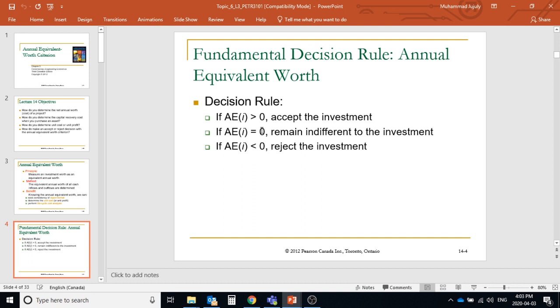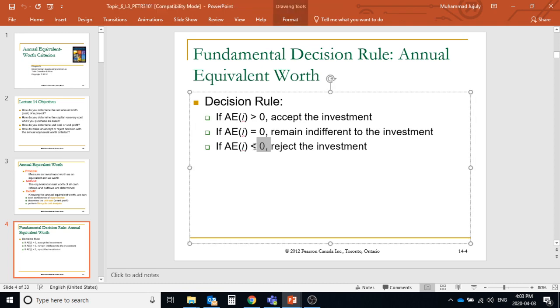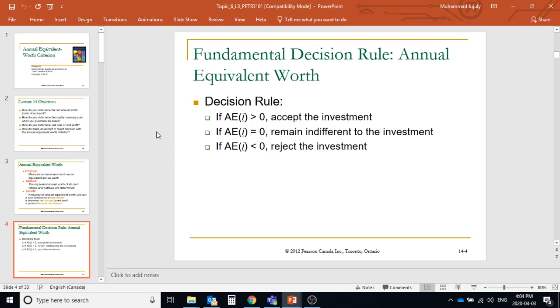If the annual equivalent worth is greater than 0, we will accept the investment. If it's equal to 0, then it will remain indifferent, and if it's less than 0, then we'll reject the investment.